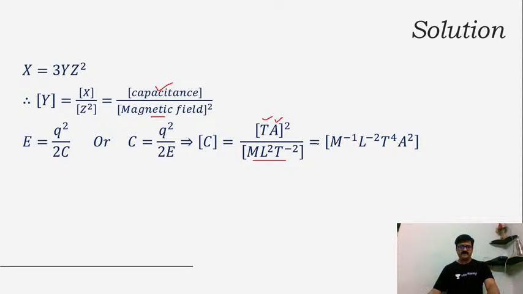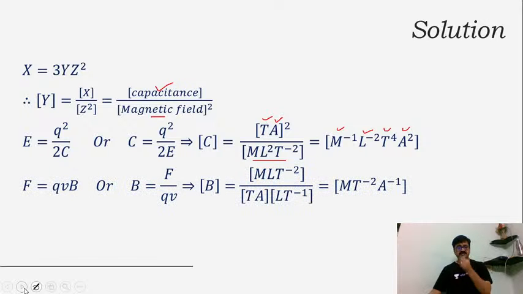If you just adopt this, we'll get m raised to minus 1 L raised to minus 2 T fourth A square. These are the dimensions that we have. So capacitance dimension I have found.